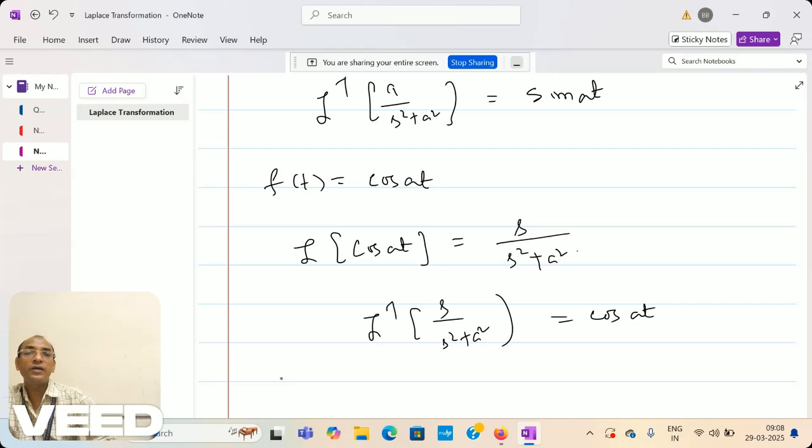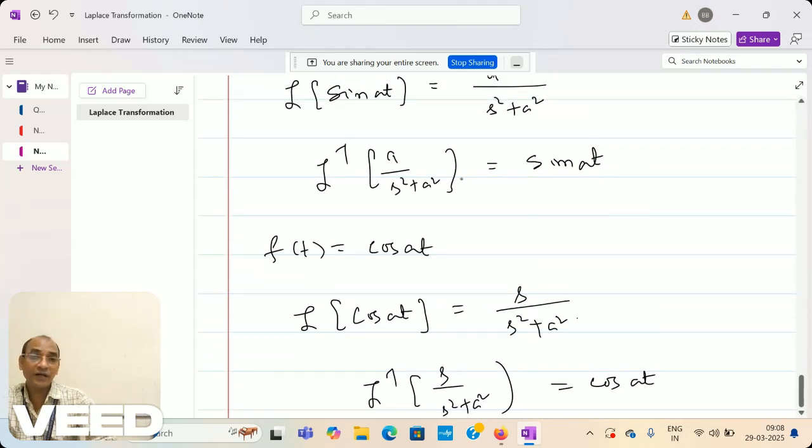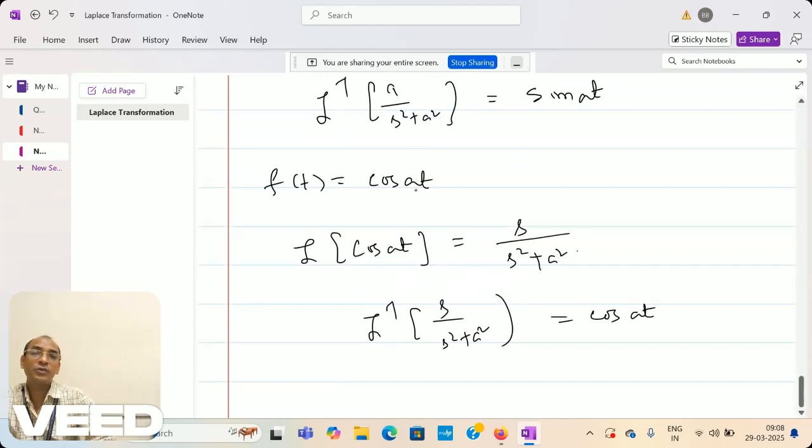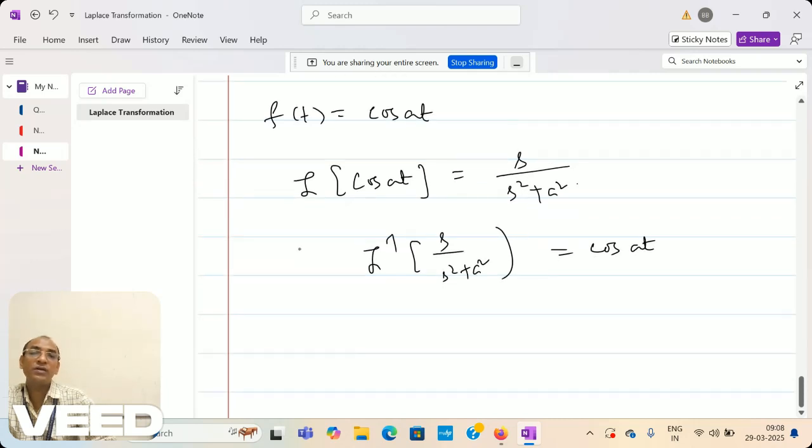So when I have the Laplace transformation of sin at, the numerator is a, but when I have the Laplace transformation of cos at, the numerator is s. That is the difference between the Laplace transformation of sine and cos.